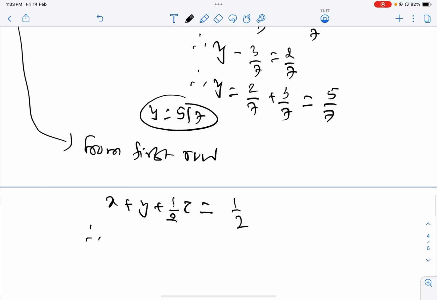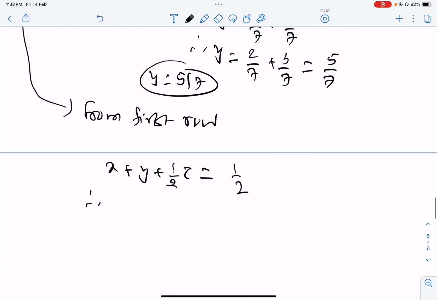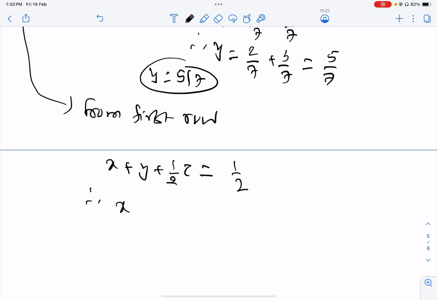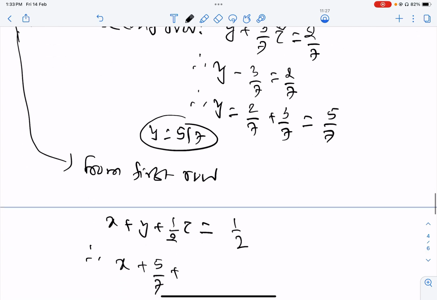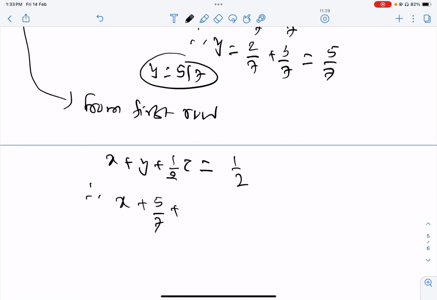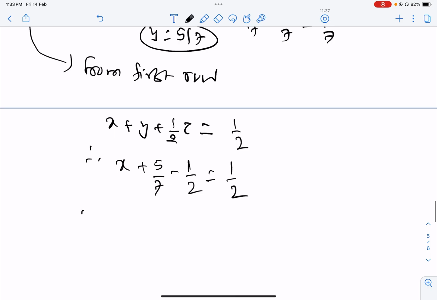Now substitute the values of Z and Y. What is Y? 5 by 7. And what is Z? Minus 1. So you have a minus 1 by 2 because Z is minus, and it is equal to 1 by 2.